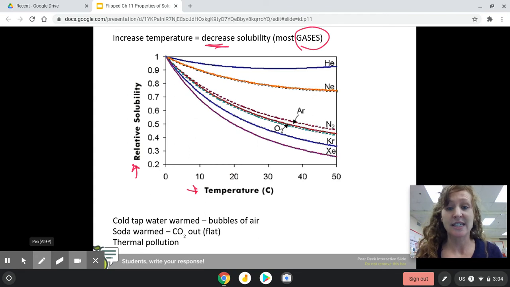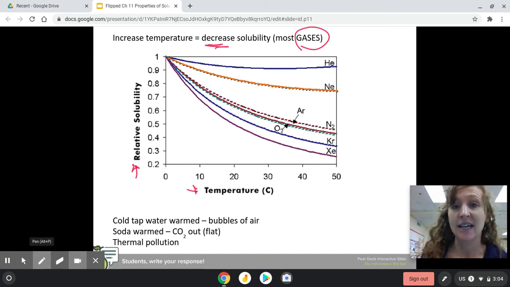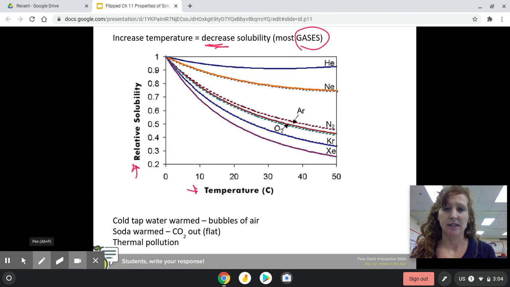Another place that you're going to see this relationship is in rivers and lakes. So, the big thing we're talking about in the environment is atmospheric warming. As the atmosphere warms up, one of the concerns for rivers and lakes is that there's going to be decreased solubility of the gases that are inside those waters, right? Those waters need to dissolve oxygen because that's what a lot of the creatures inside those rivers and lakes depend on.